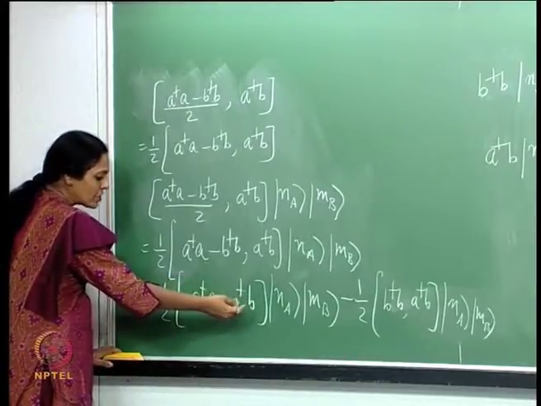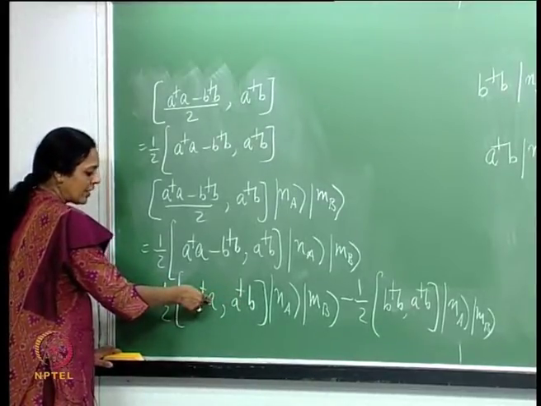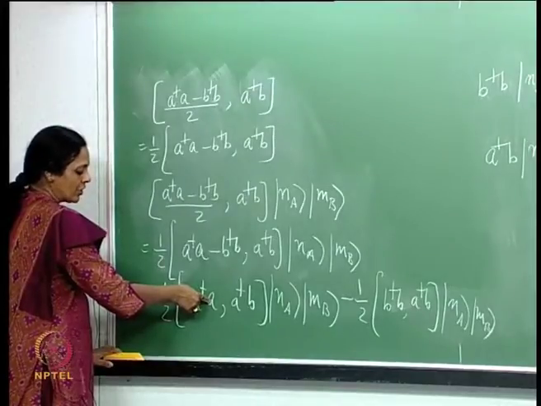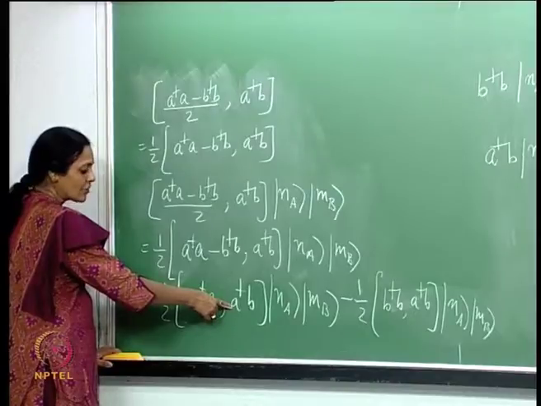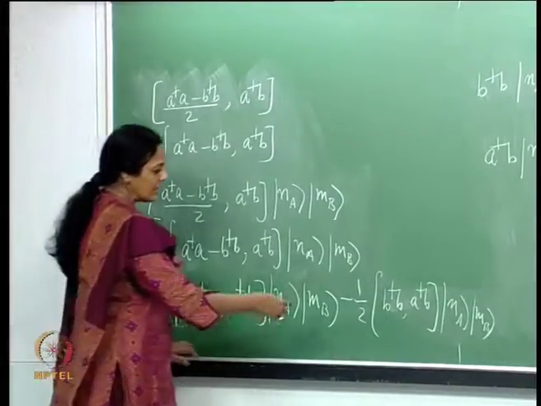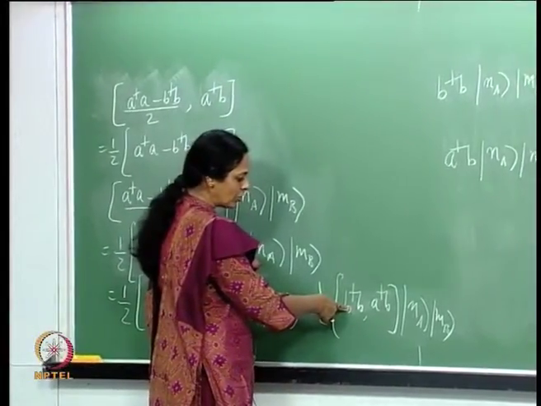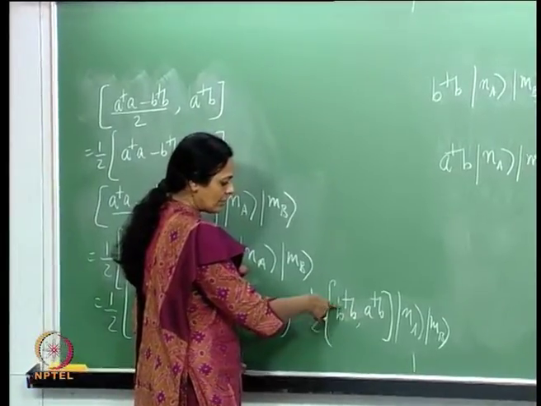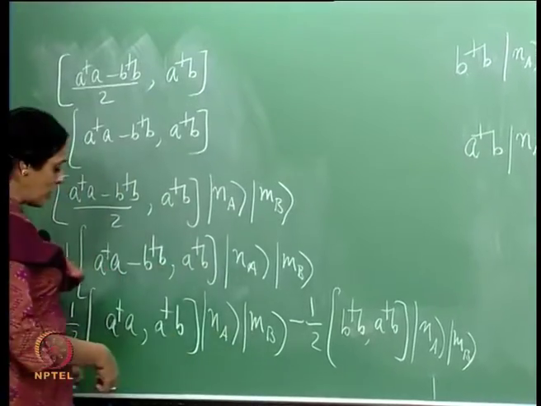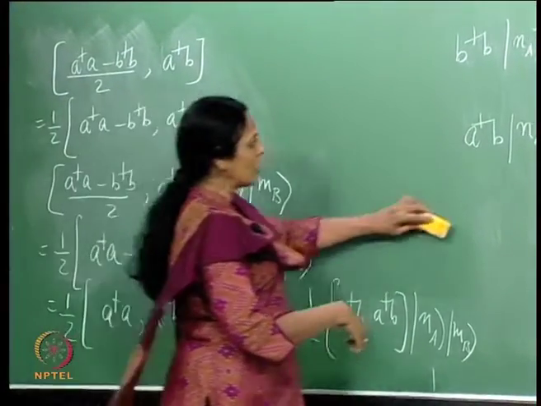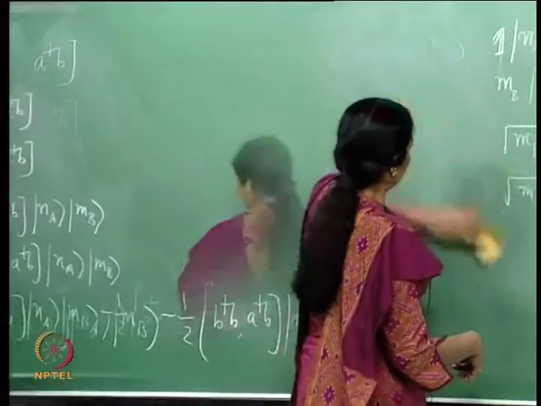I could use the ABC rule, and then I find that the only non-vanishing contribution comes from the commutator of A with A dagger, and that is 1. Similarly, here the only non-vanishing contribution comes through the commutator of B dagger with B, and that is minus 1, and therefore, this becomes a straightforward matter.